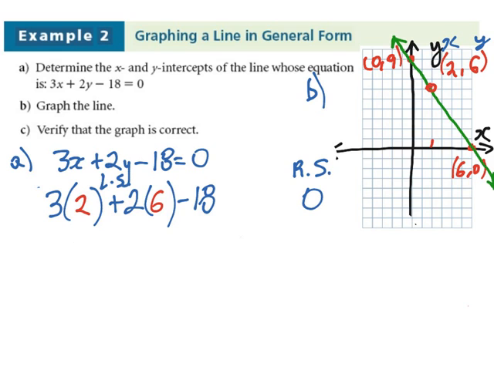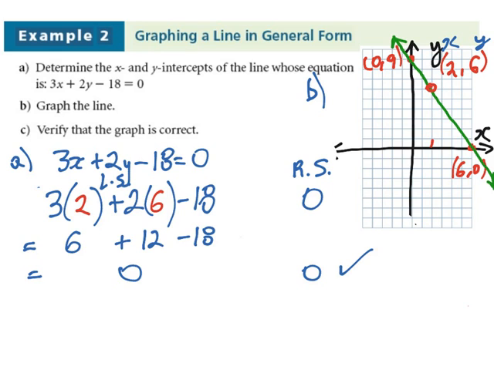So 3 times 2 is 6, 2 times 6 is 12, and it's minus 18. What happens if we add them up? You get 0. Since the right side of the equation is also 0, the point 2 and 6 lies on this graph. And since it lies on the graph and satisfies our equation, this means that the graph is correct.